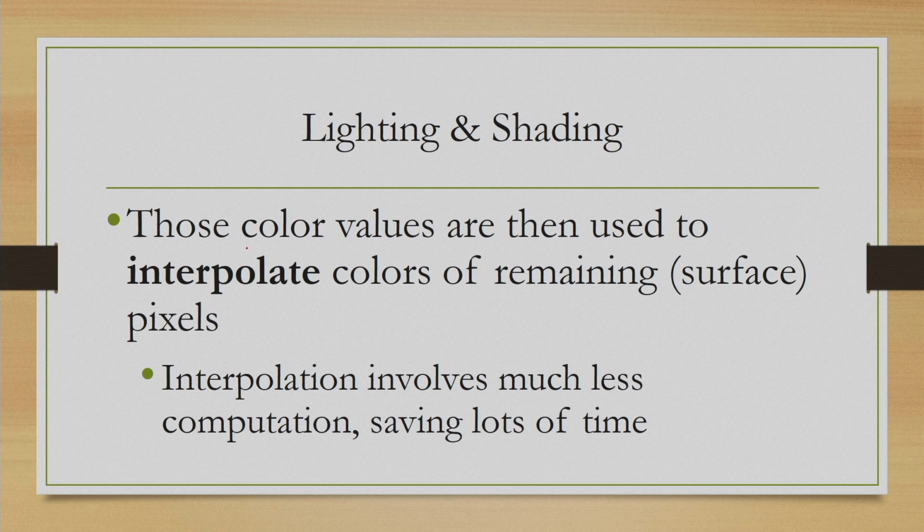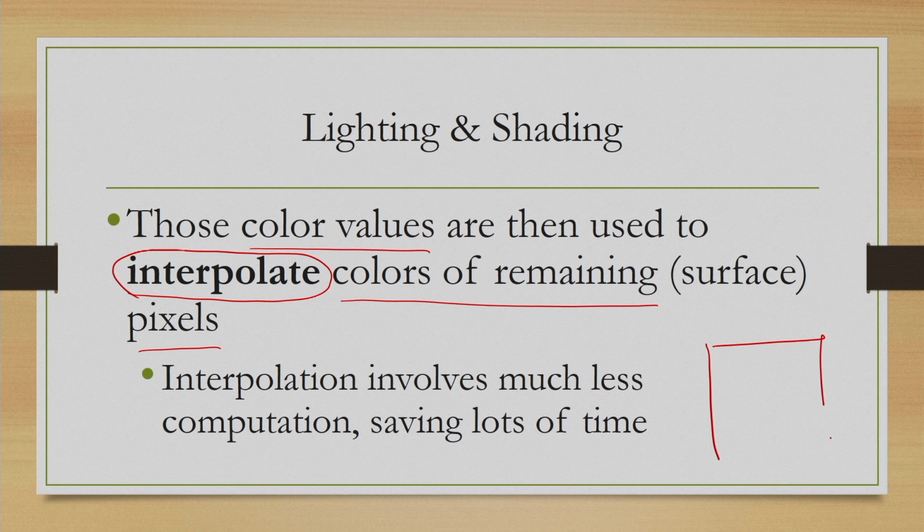Subsequently, we use those color values to interpolate colors of the remaining surface pixels. So, suppose we have a surface like this. Now, it is mapped to say this pixel grid. So, these are the pixels.